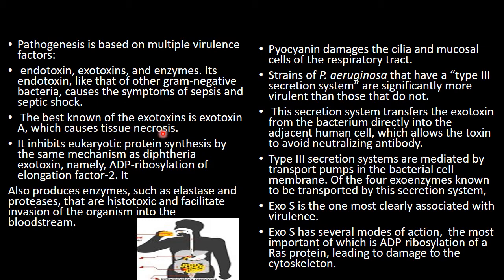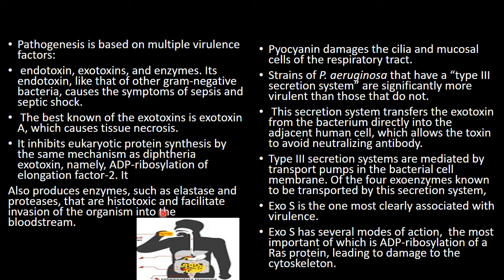The best known exotoxin is exotoxin A, which causes tissue necrosis. This toxin inhibits protein synthesis in eukaryotic cells by ADP ribosylation of elongation factor 2. So when it stops protein synthesis, it causes tissue necrosis.